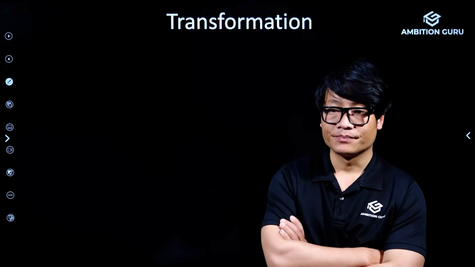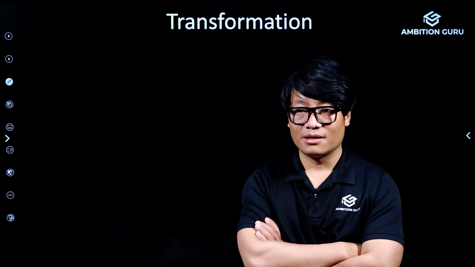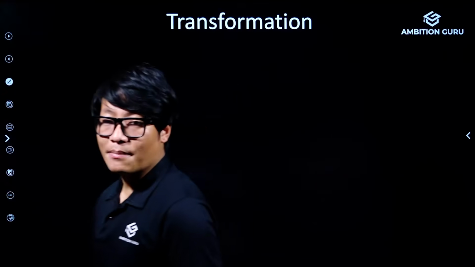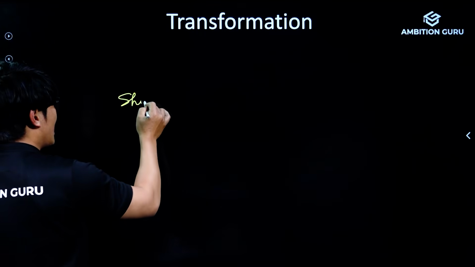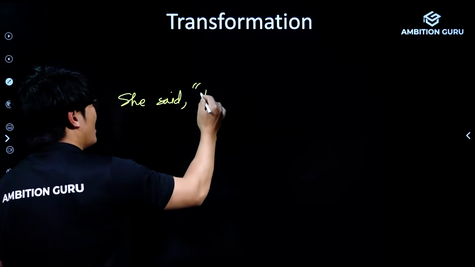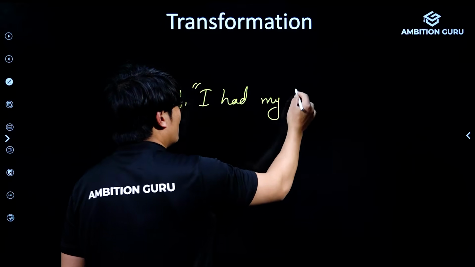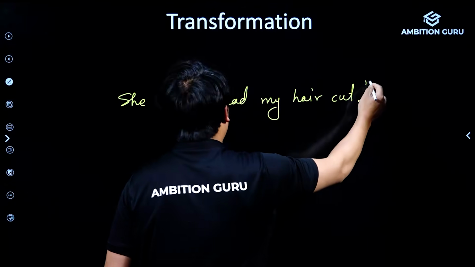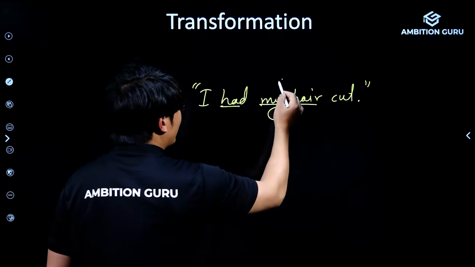Okay, so in the question, see, okay, I had my hair cut. Last question I am taking. She said, I had my hair cut. So what will be its answer? Here had after is my, so object.